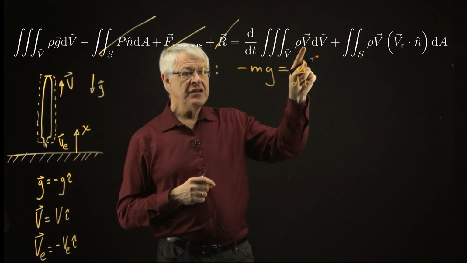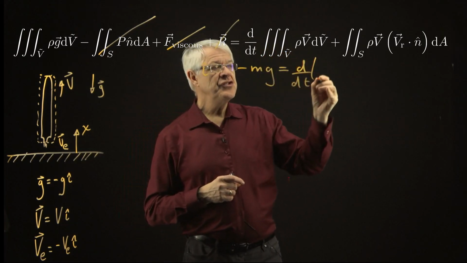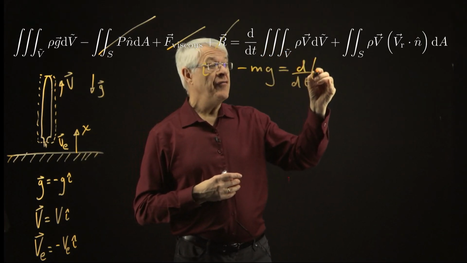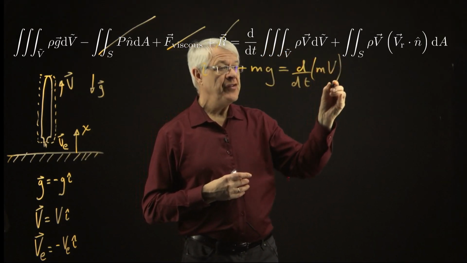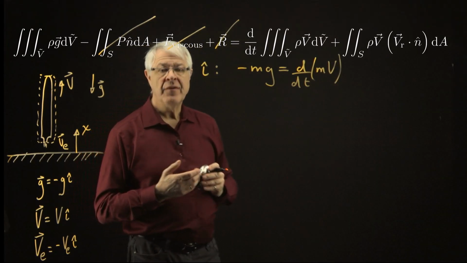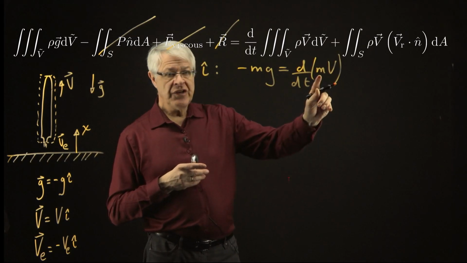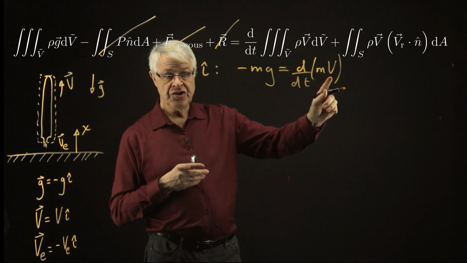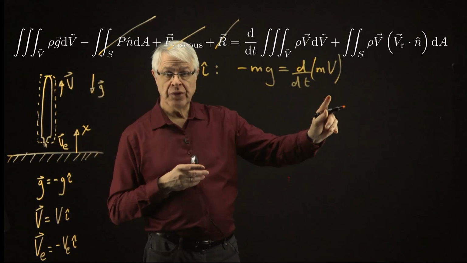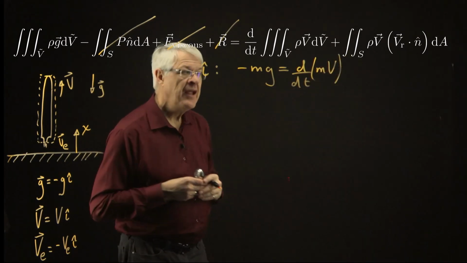So this v can come outside of the integral, and all this is the rate of change with respect to time of the mass times that velocity. So that's the rate of change with respect to time, the momentum of everything in the control volume. And realize both of those things are changing with time. Mass is going down and the velocity is going up, all right?